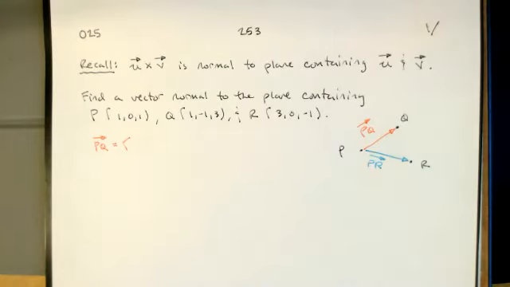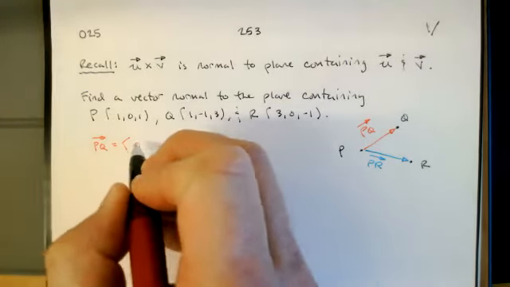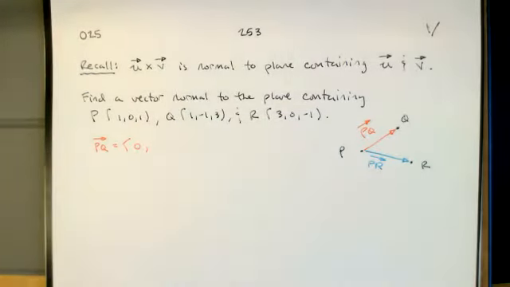Notice that there's no change in the X. X starts at 1, ends at 1. So for an X displacement, there is 0 in the X. If Y starts at 0 and ends up at -1, I just do -1 minus 0, -1.